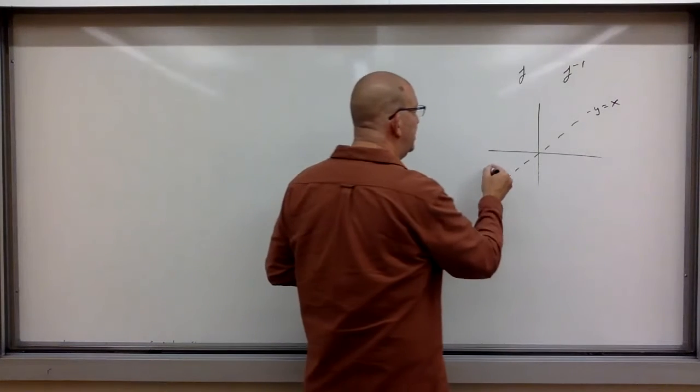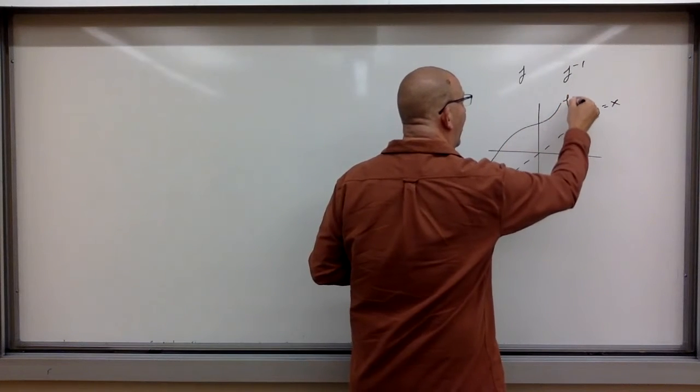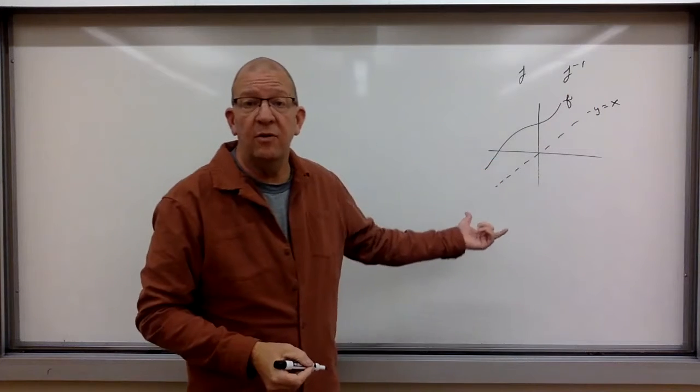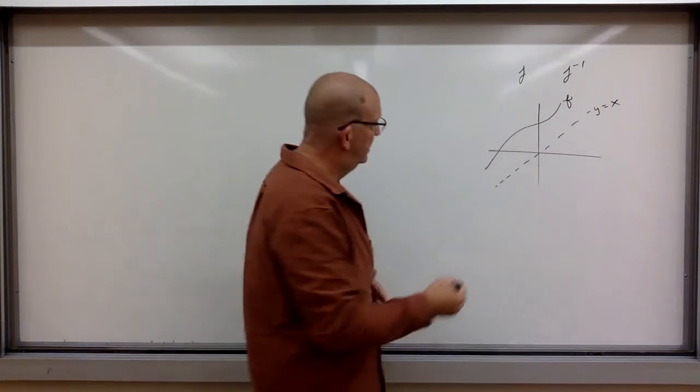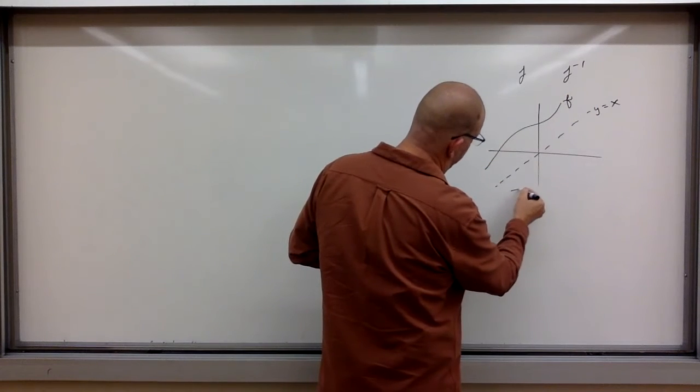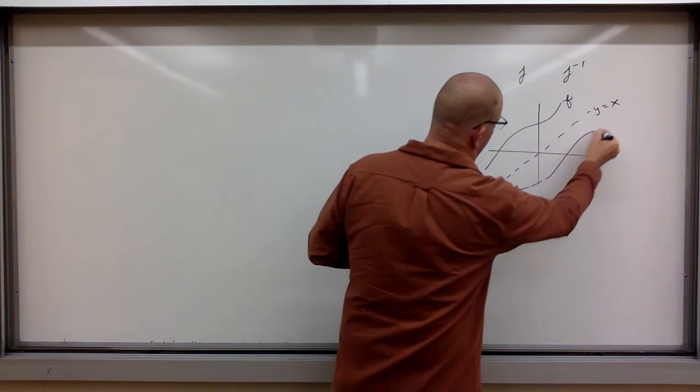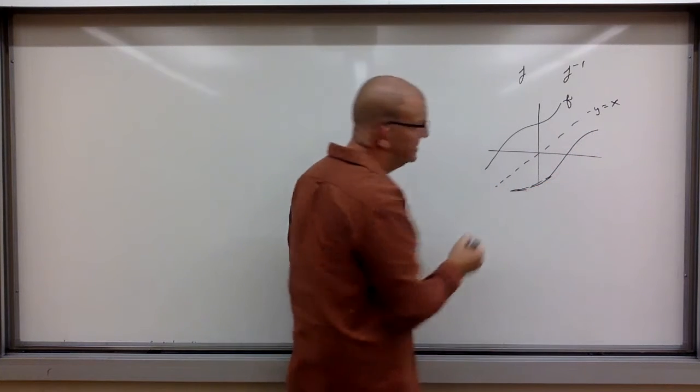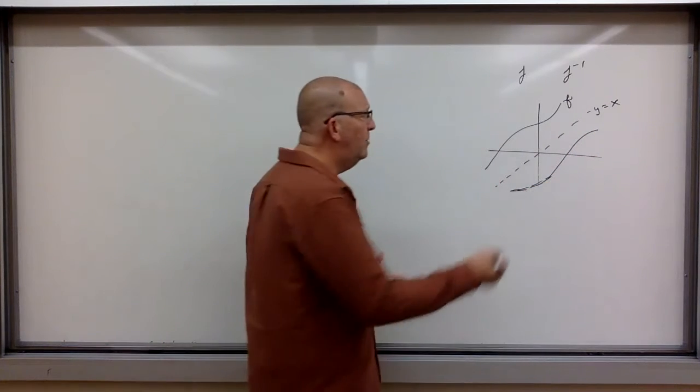So if you have a function here that we'll call f, its reflection might look something like that, right? Does that look about like a reflection? That would be f inverse.